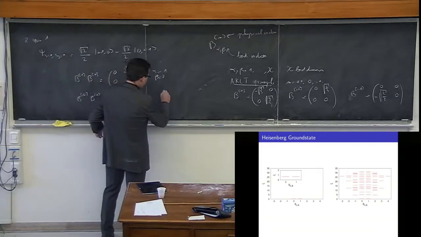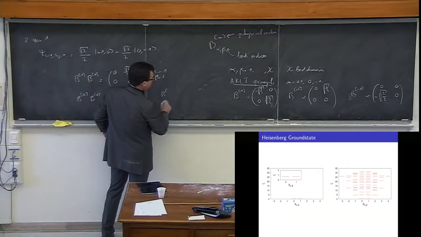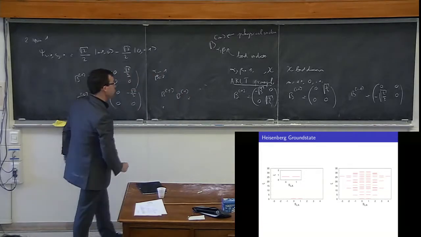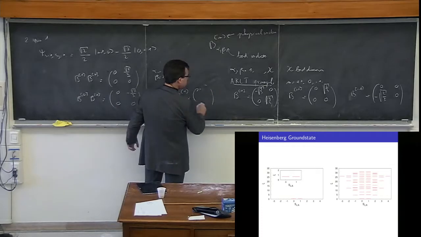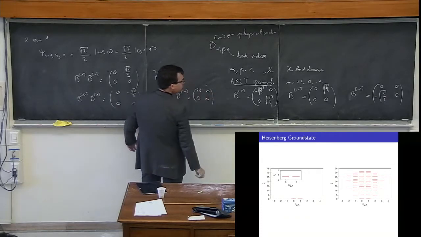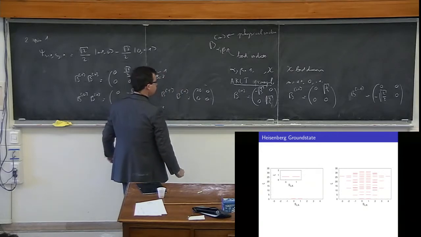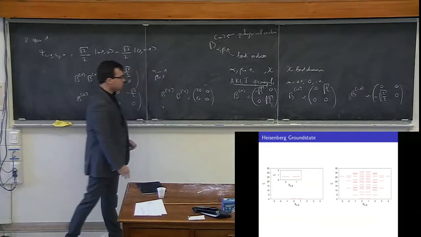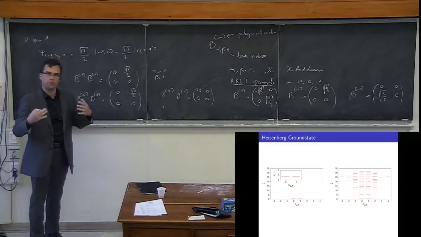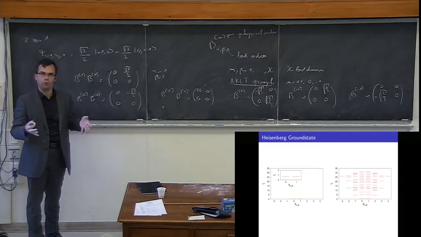If you do, let's say, B1, B1, this will give you 0, if I don't screw up. Yep. So you see that, remember in this formula for the matrix product state, you have to sum over all the configurations.